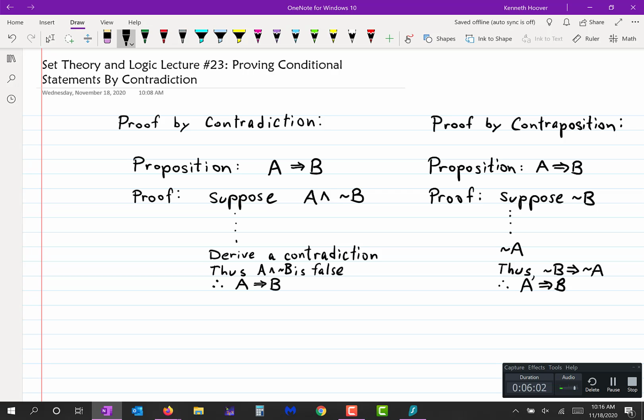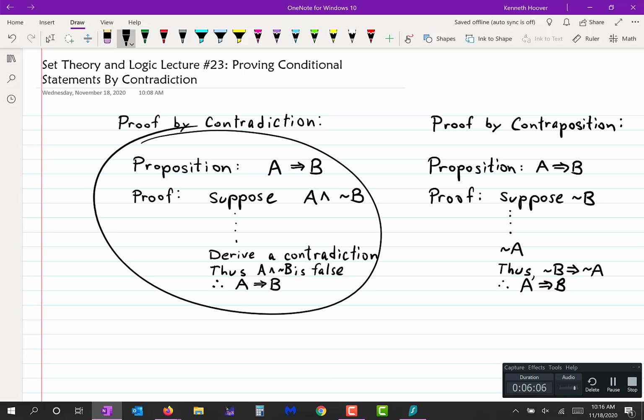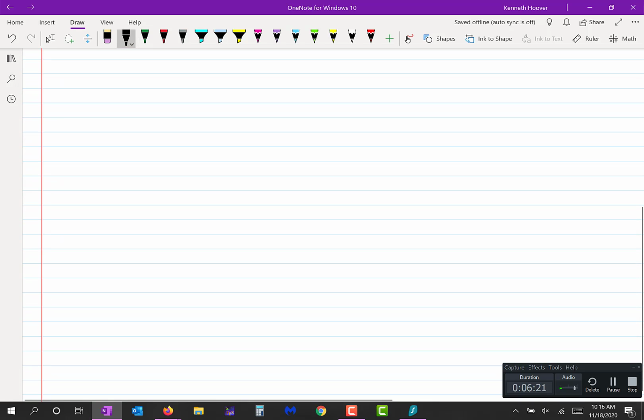Okay, let's get some practice with this stuff here. So we're going to do this example first. Suppose A is an integer. If A squared is even, then A is even. Okay, let's prove that.